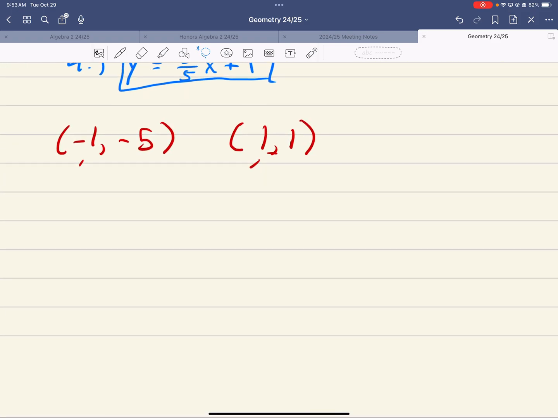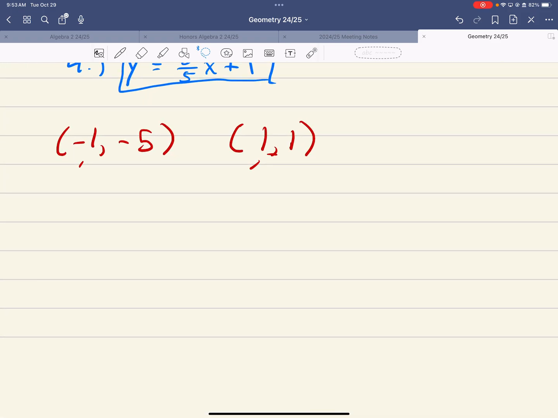Okay, so let's look at this second one. So we've got the points -1, -5, and 1, 1. Again, step 1, the slope.